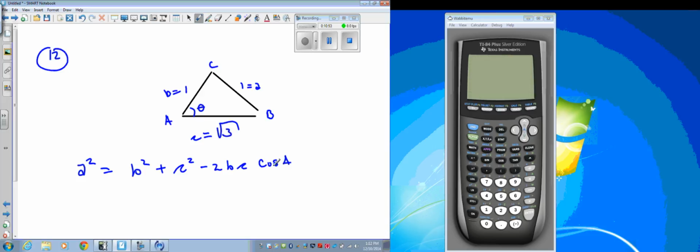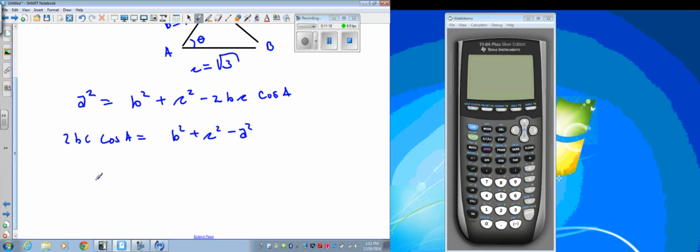And then what you're going to have to do is get cosine A by itself. So I'm going to do this in an algebraic fashion. I'm going to put 2BC cosine A equals B squared plus C squared minus A squared. I'm just going to get that A by itself.